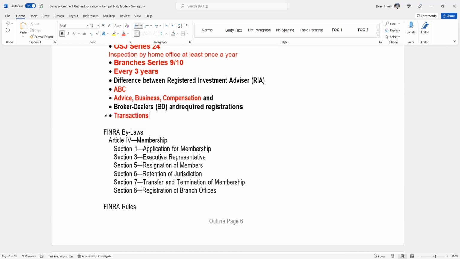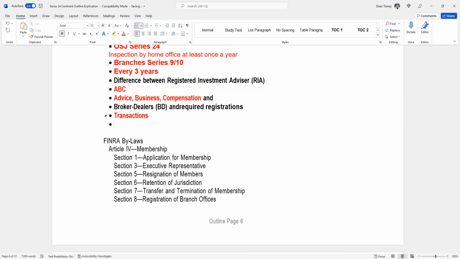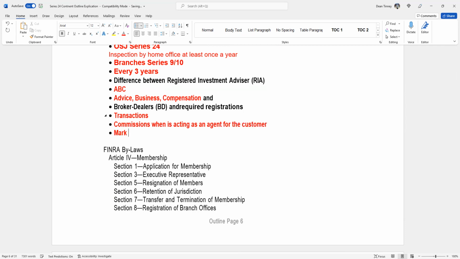And that's going to mean I'm going to be making my money from commissions when the firm is acting as an agent for the customer, or I'm going to make a markup or markdown when trading from inventory.